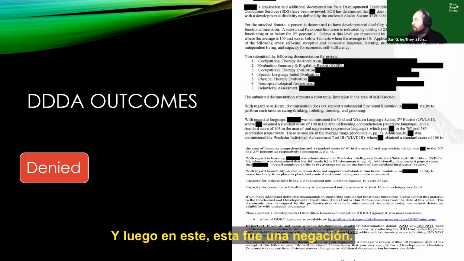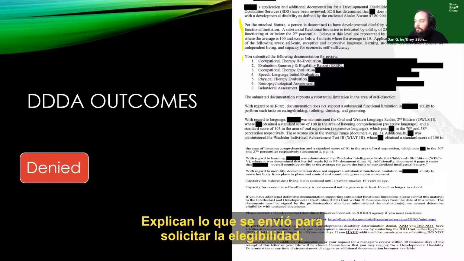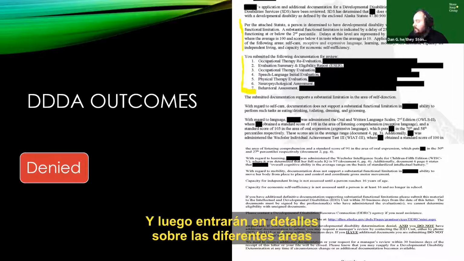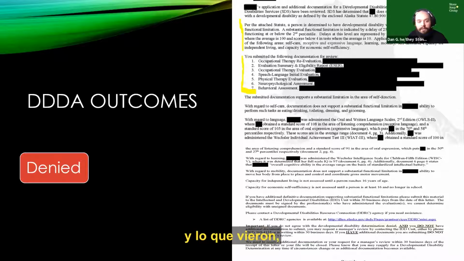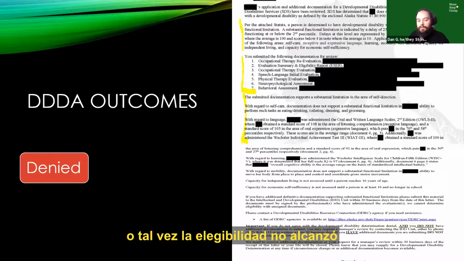And then this one was a denial. So this one goes into detail here about what the state is looking for. They explain what was submitted to apply for eligibility. And then they will go into detail on the different areas and what they saw, where a person may have been eligible, or maybe where eligibility didn't quite reach the level that it needs to be approved.